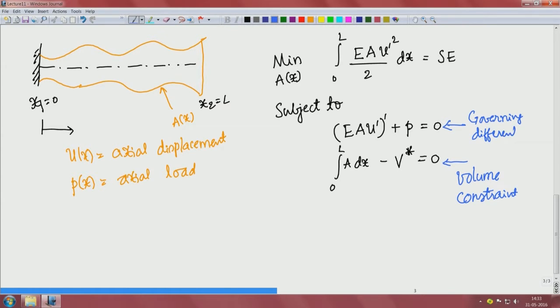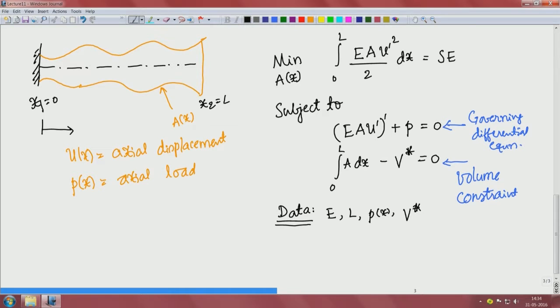There are two constraints, and in all these problems we should very clearly write what is data. For this problem, what is assumed? Here Young's modulus is assumed, length is assumed, the loading P of x is assumed, and V star is assumed. We have to write this data in such a way that once you say what is known or assumed, the rest of them become variables.